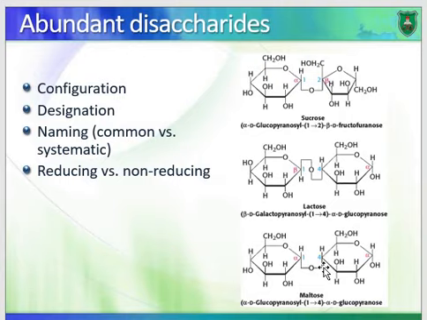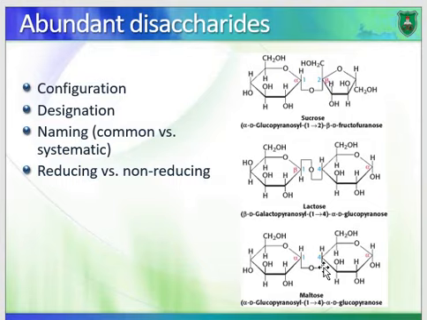The only ketose discussed was fructose, and I said that it can get converted to an aldose first, and then it can be oxidized. So all these monosaccharides can get oxidized and they're considered reducing.